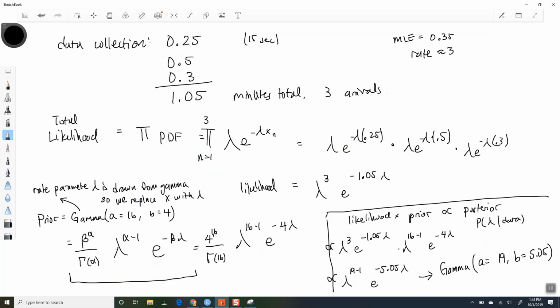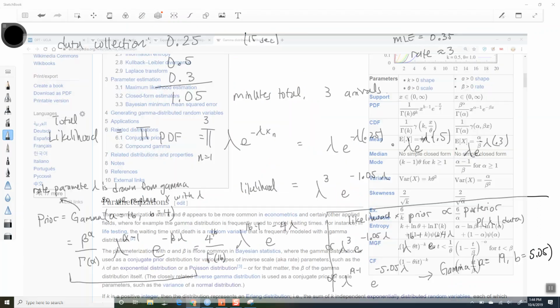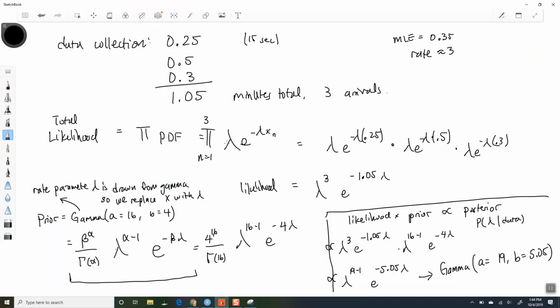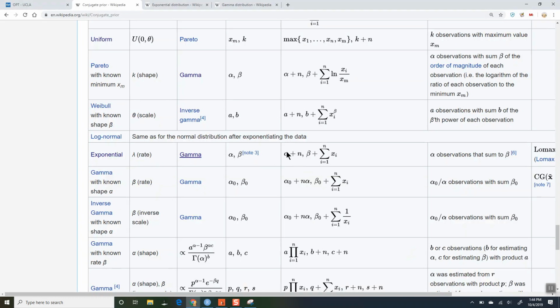Is that right? And similarly, if we look at this conjugate prior and the relationship between the exponential and the gamma, the updated parameters are that you take your prior value alpha, which was 16, and update it to 16 plus n, the number of observations, and that's how we got 19.